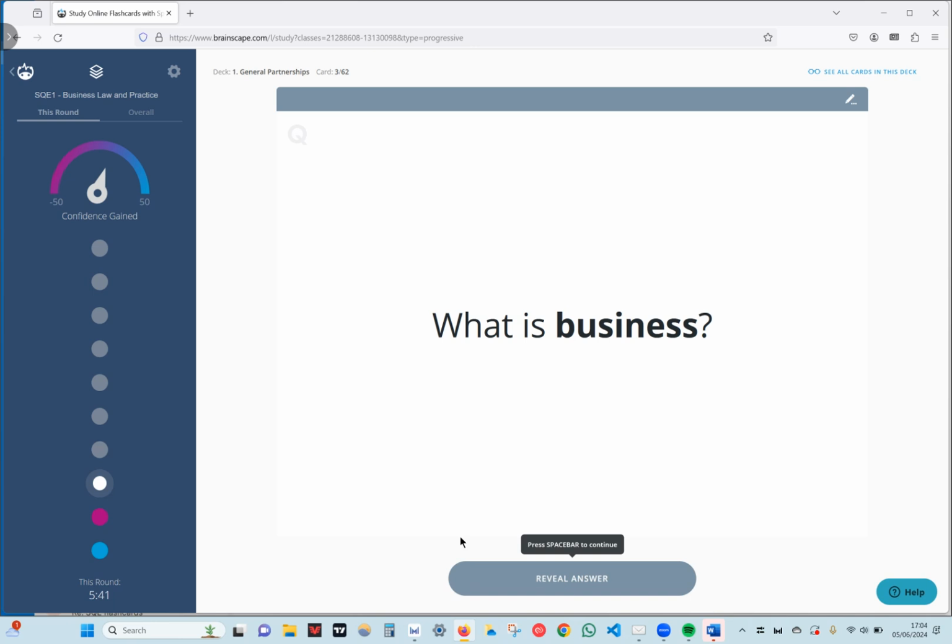Although, as you will see, if you haven't studied it at all, you will just see the cards in order. But as you complete decks and restudy, you'll get a random mix. So it's good to treat the content in that way and not just consider it as blocks of subjects, because as you will see on the SQE1, you do not get a nice neat set of 25 questions in business and 25 questions in constitutional and 25 questions in contract.